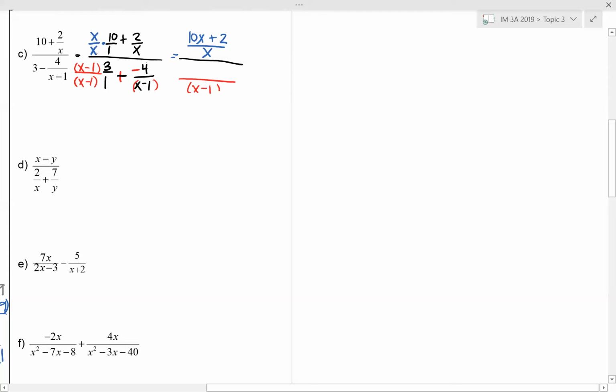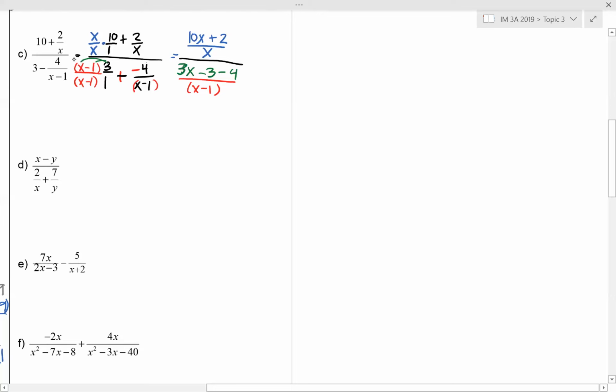So what I'm going to do with this is I need to distribute the 3. So I'm going to have 3x minus 3, and then I have that minus 4 from the original problem.